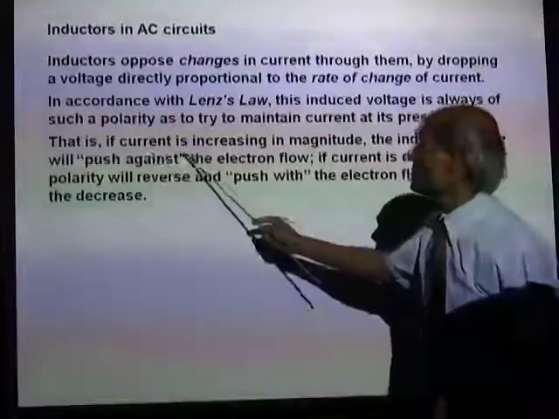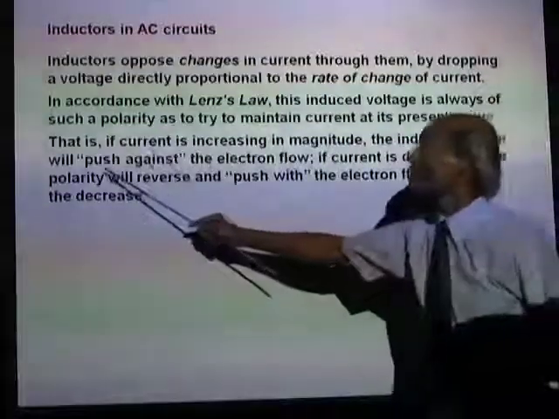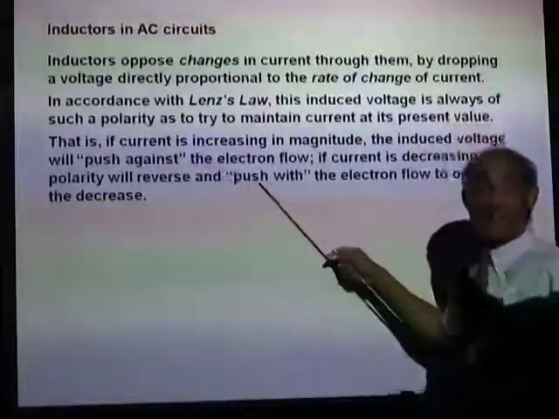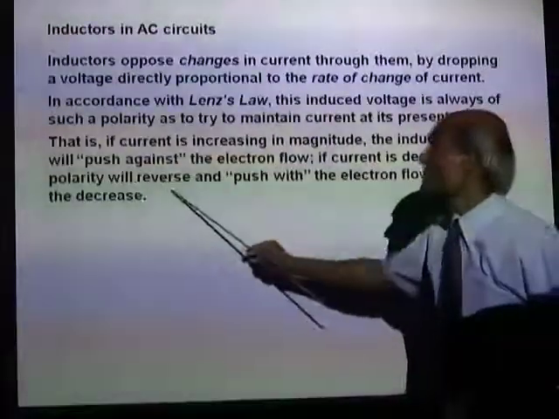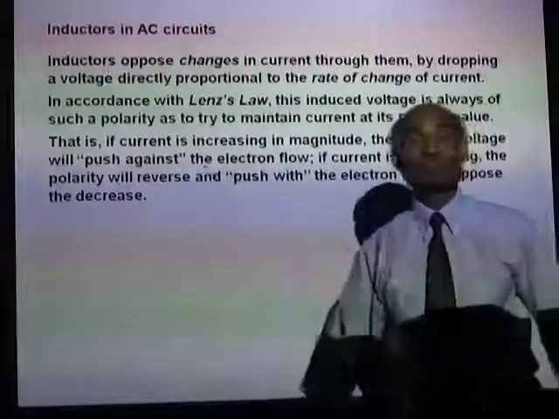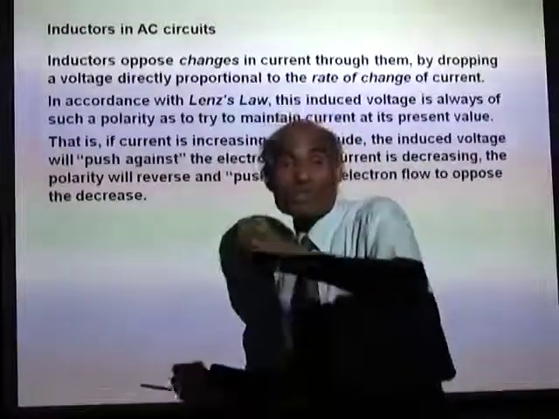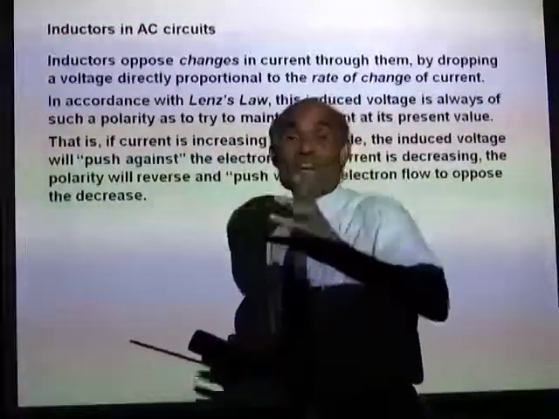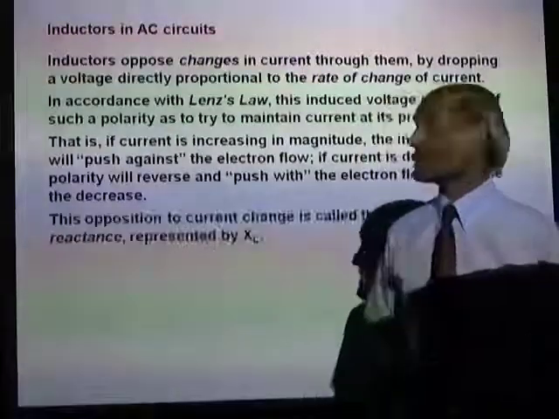Now that is, if the current is increasing in magnitude, the induced voltage will push against the electron flow. If the current is decreasing, the polarity will reverse and push with the electrons to oppose the decrease. So an increasing current will be opposed by the induced current. A decreasing current also will be opposed by the induced current.